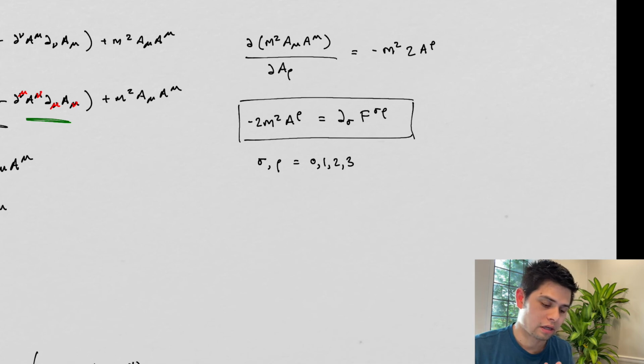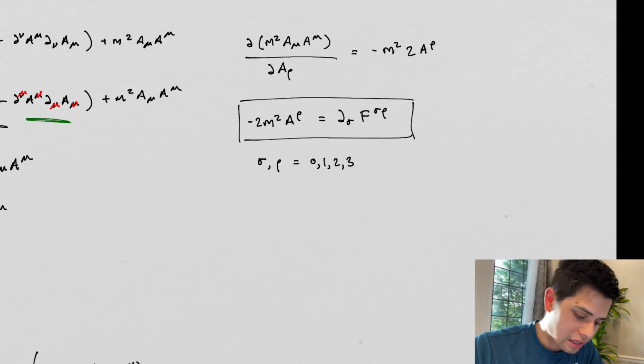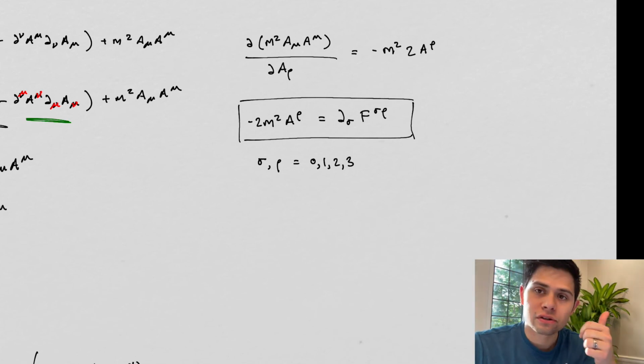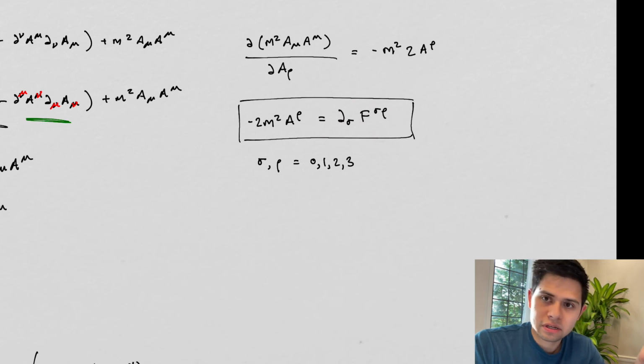But there's a couple of things to note here. One is that we have a tensor here, and we have a vector here. This looks like we have the gradient of some tensor.